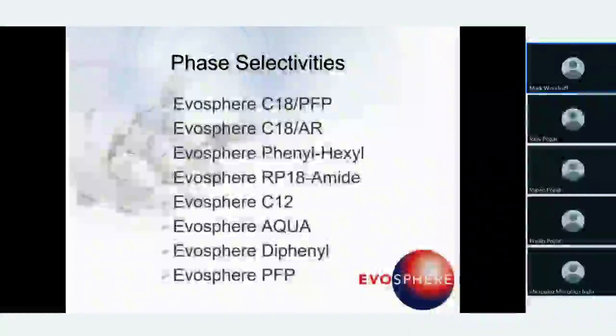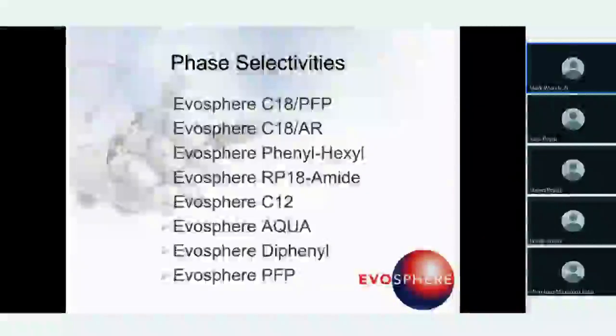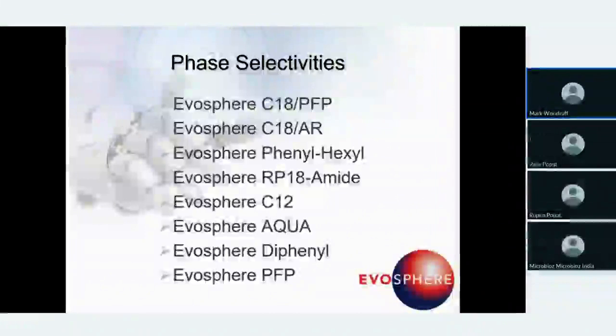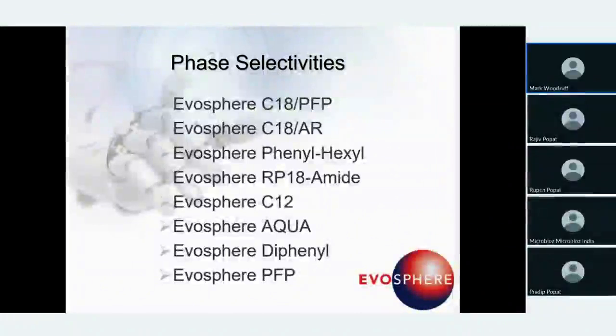The second stationary phase is a C18 mixed with an aromatic functionality. So we're instantly adding in alternate selectivity to C18 columns in order to gain the selectivity and the resolution that we require. And then we can add in various different functionalities after that.